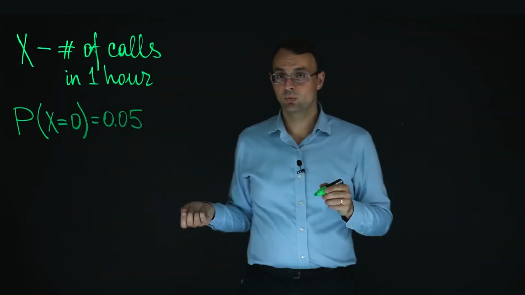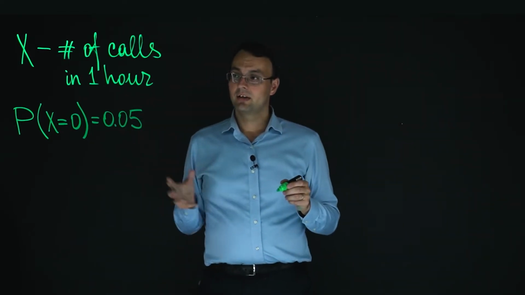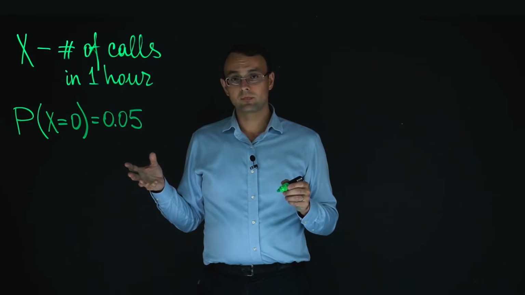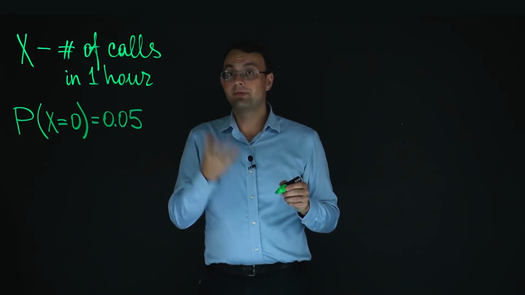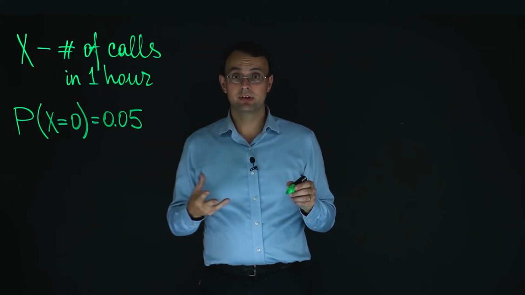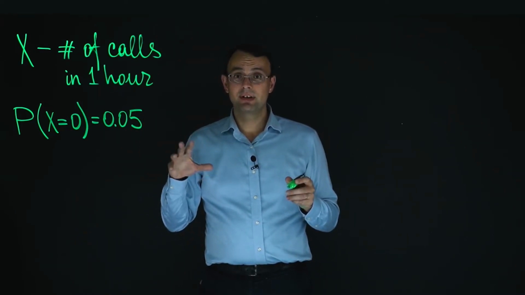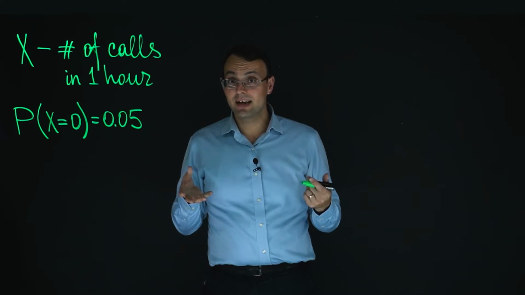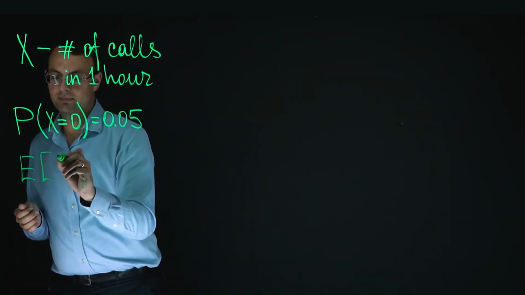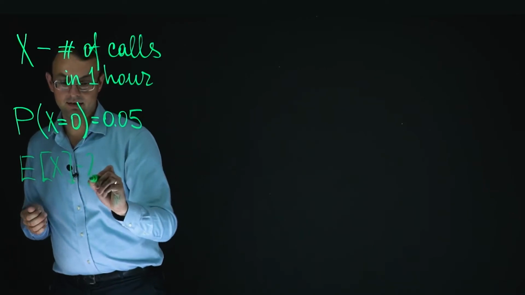And what do they ask? They say, what is the average number of calls they receive in 1 hour? So average means mean, means expected value. So they are asking for the expected value of x.